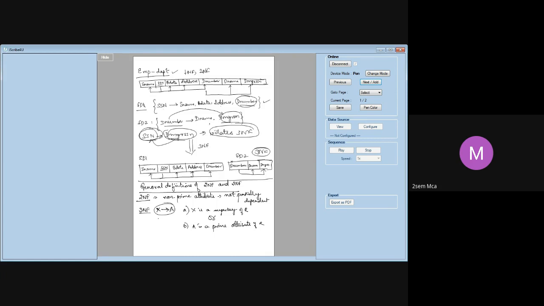Another way of stating it: a relation schema R, that is any table, relation means table, is said to be in 3NF if whenever we have a dependency X determines A holding in R, then either X should be a super key of R or A should be a prime attribute of R.